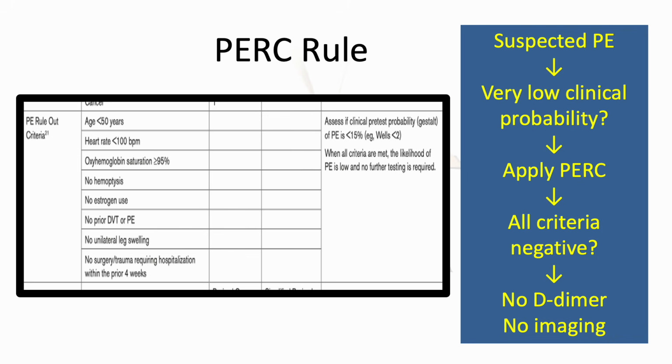So assess if a clinical pretest probability is less than 15%, say a Wells of less than 2, which was not true for our patient. She had an intermediate probability. And then for those who have a very low probability, if all the criteria of PERC are met, the likelihood of PE is low.